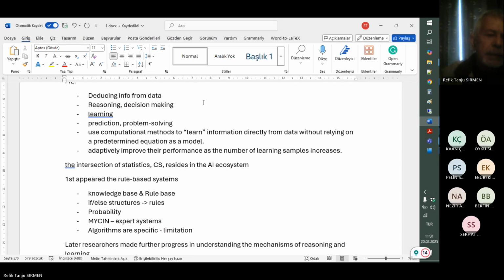By looking at the data, it deduces, let's say, gets the information. By looking at the patterns and everything, we talk about different algorithms, how to do it, okay? And reasoning, by discovering the reasoning behind the output.